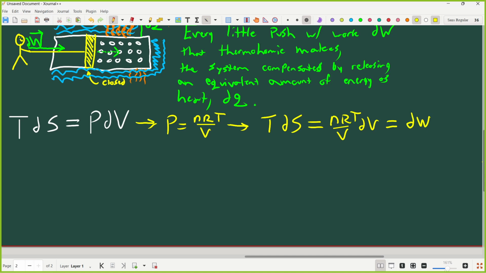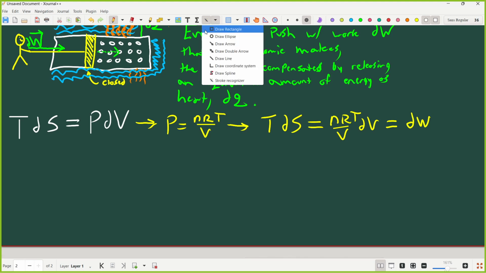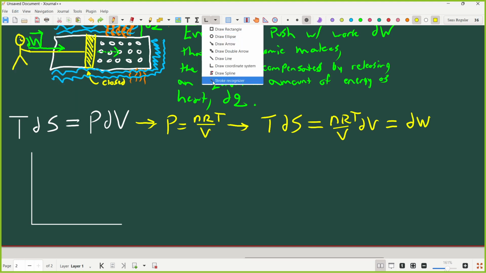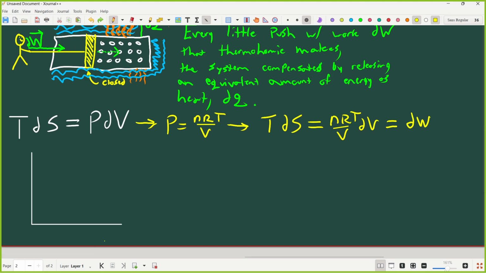P is roughly proportional to 1 over V. So I can think about this process on a diagram where we plot the volume of the system versus the pressure of the system. And how does the pressure vary as a function of the volume? Well, it functions as 1 over V.